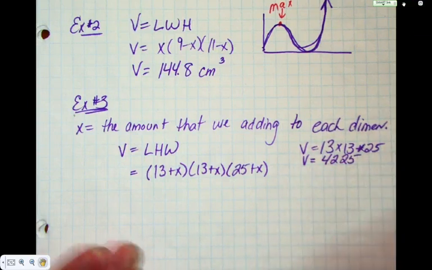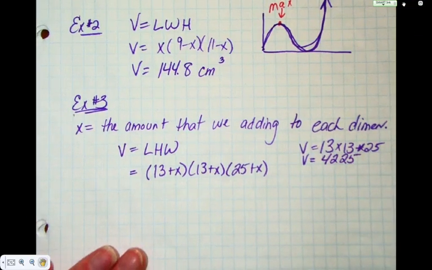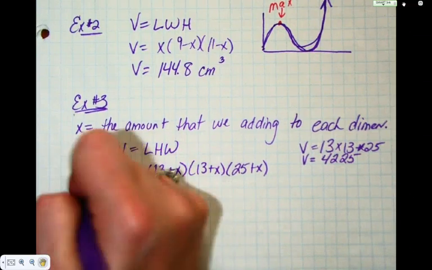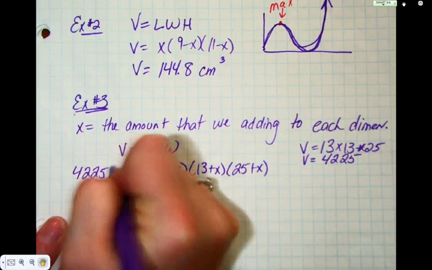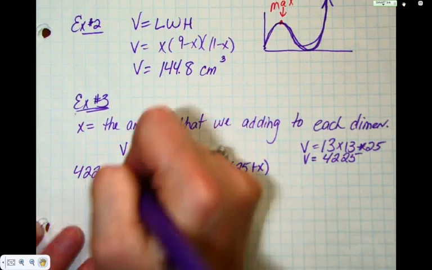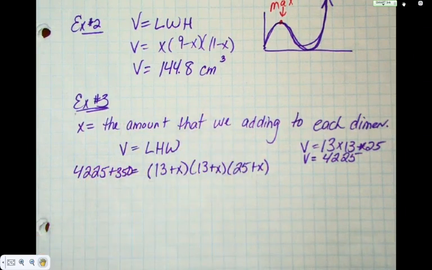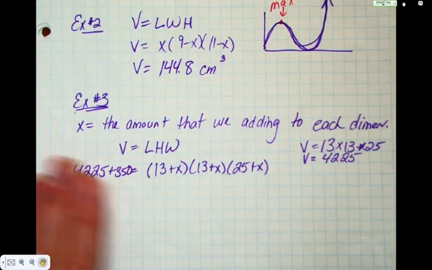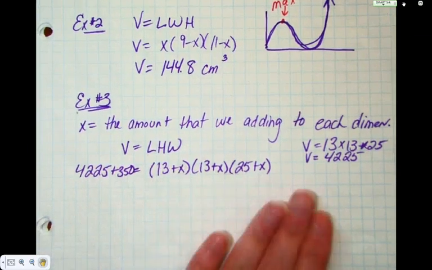Can someone just confirm that? Okay, so that means over here we want to take our 4225 and we want to add 350. That's the way these questions will always work when you're increasing the dimension. You'll always have old volume plus what you're adding, and then the 3 dimensions plus x.